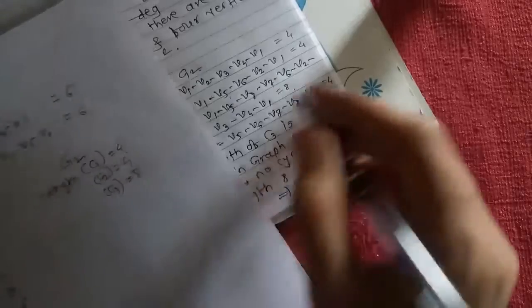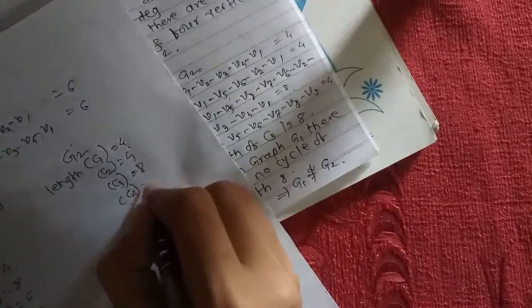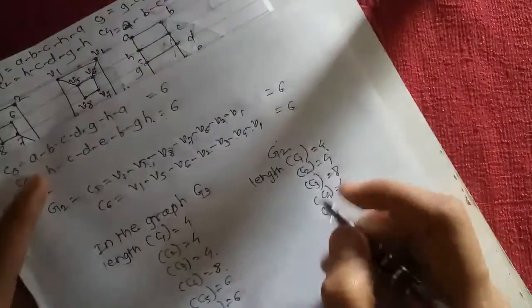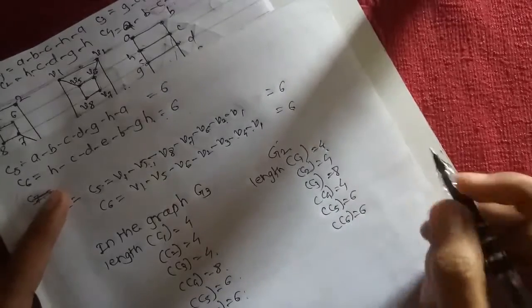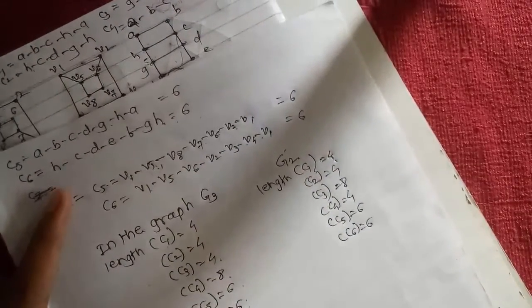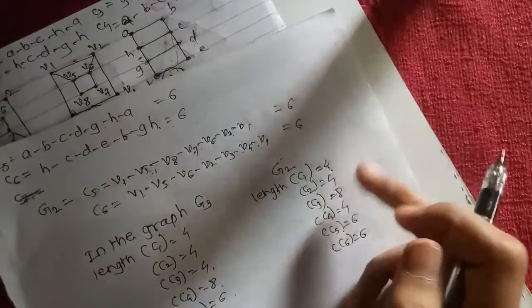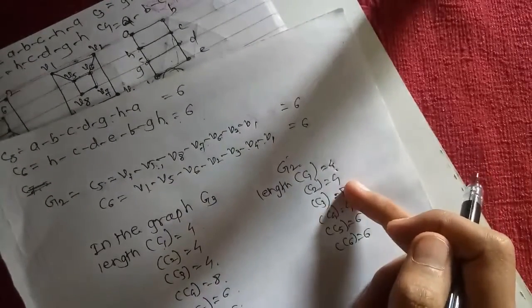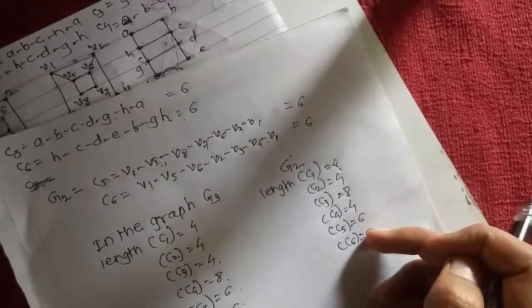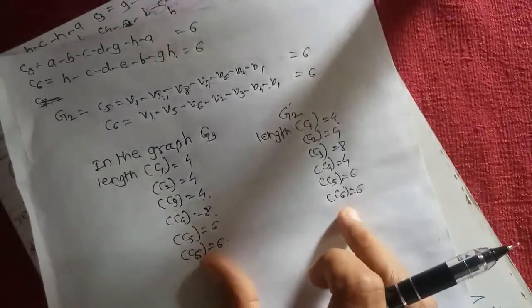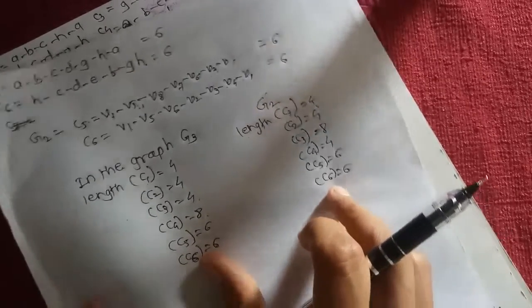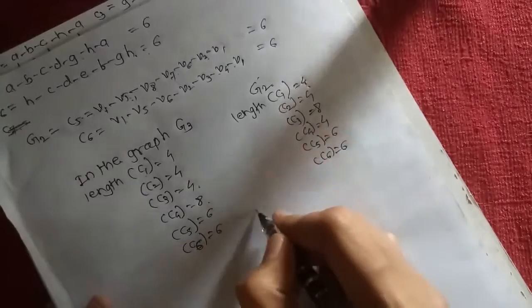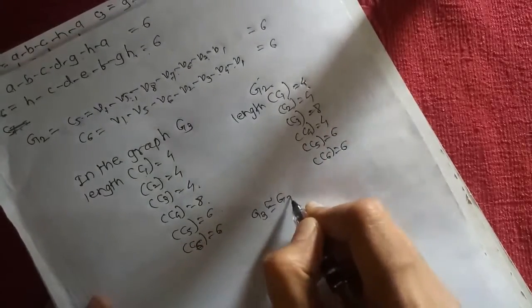The length of C4 is 4, and the length of C5 is 6, and the length of C6 is 6. So also in graph G2 there are 3 cycles which have length 4, 1 cycle which has length 8, and 2 cycles which have length 6, and the number of cycles in G3 and G2 are the same, right? And all the lengths are the same, therefore G3 is isomorphic to G2.